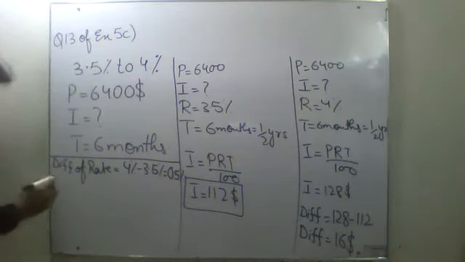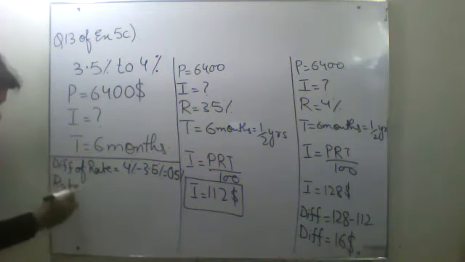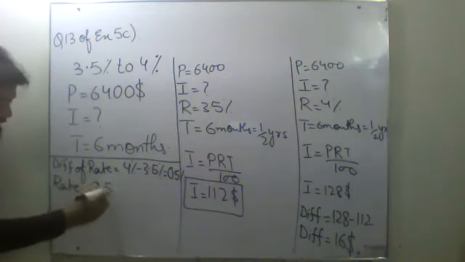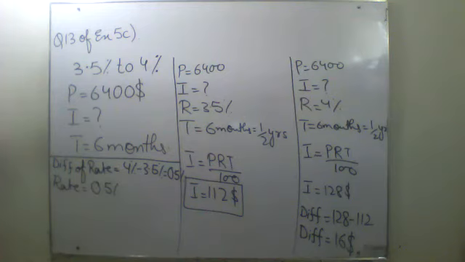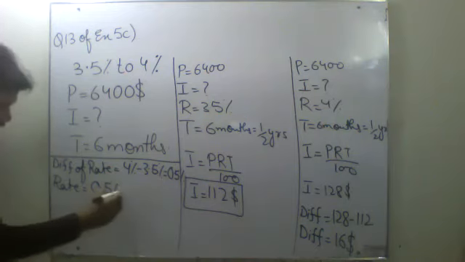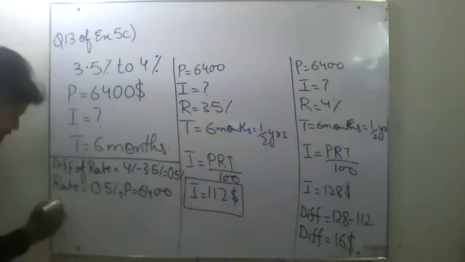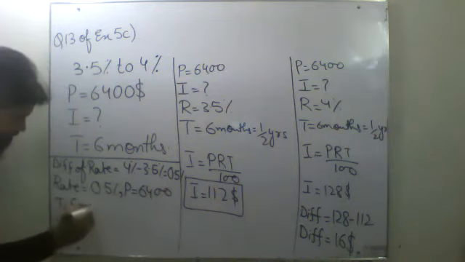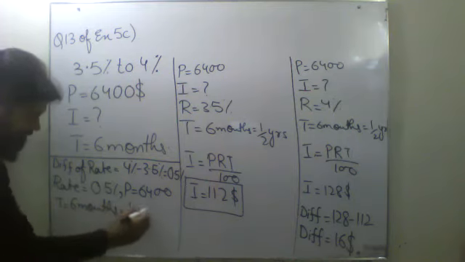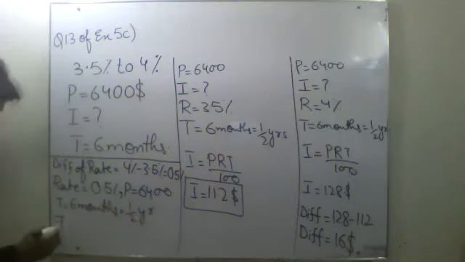So I have got a difference of 0.5% rate. Now let's check what will be the value for 0.5%. Principal will be 6,400. Time will be 6 months, which is half year, and I have to find interest.